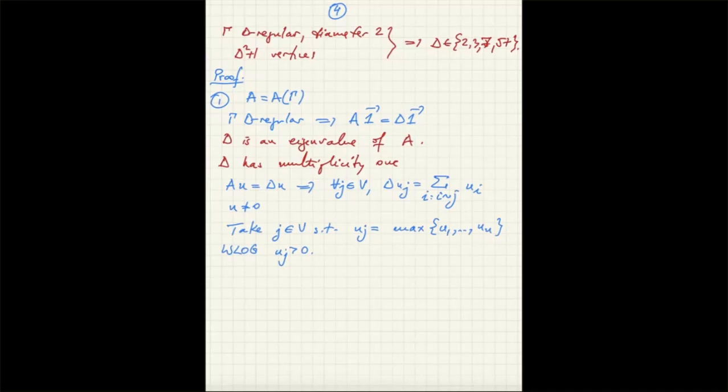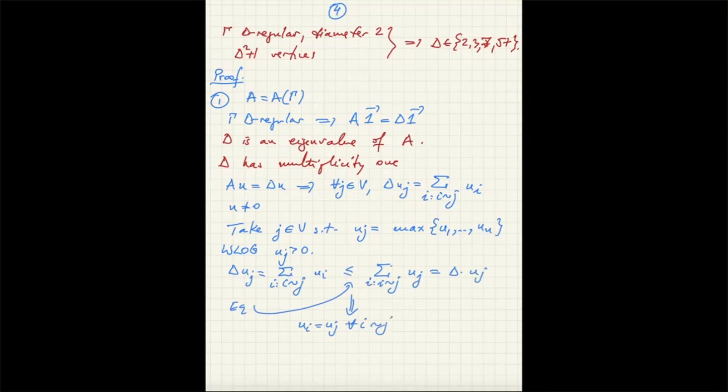If it's not, you multiply by -1 and make the maximum positive. Then delta Uj is the summation over all I adjacent to J of Ui, but this is less than or equal, because Uj is the largest, to the summation over all I adjacent to J of Uj, which is delta times Uj. So equality must happen here. And how can that be? Well, it must be that Ui equals Uj for every I adjacent to J.